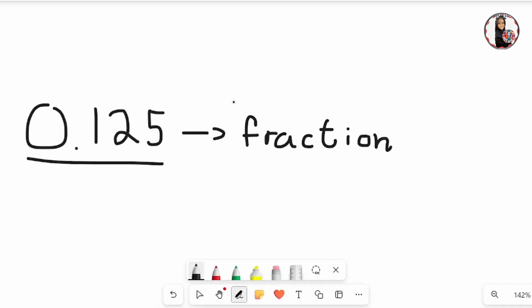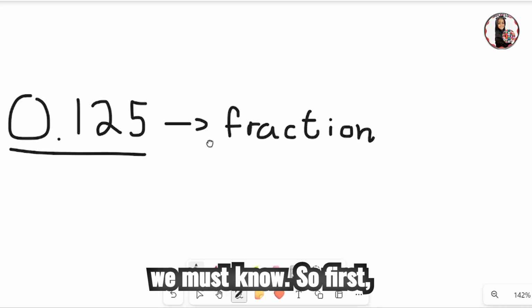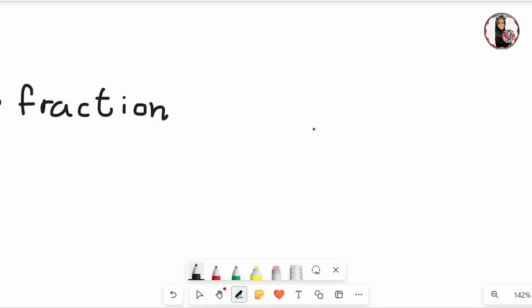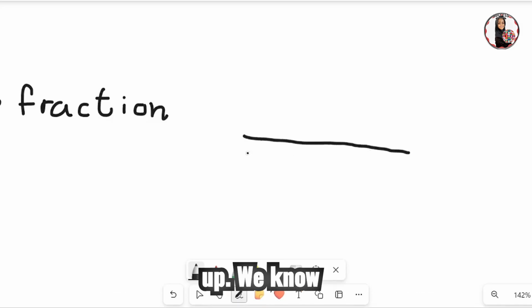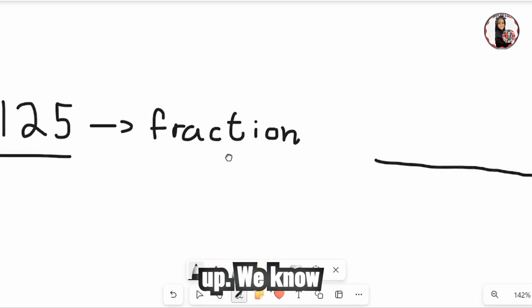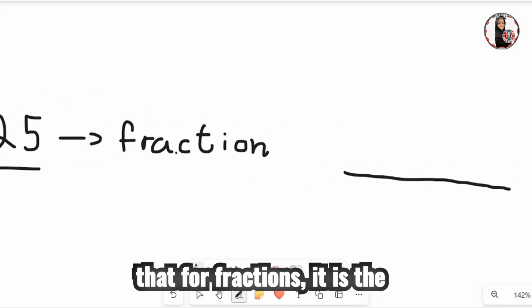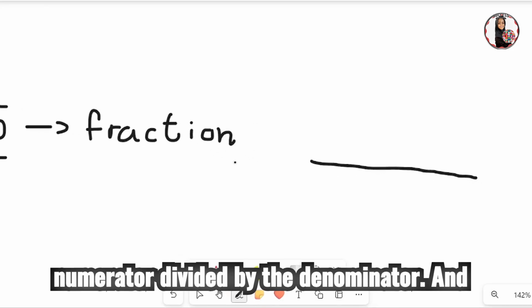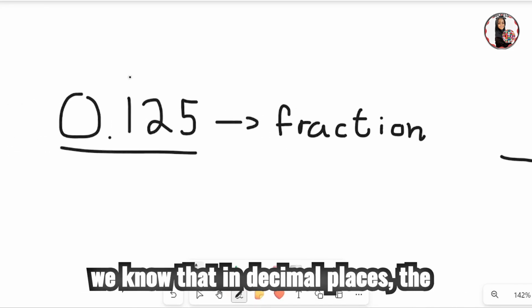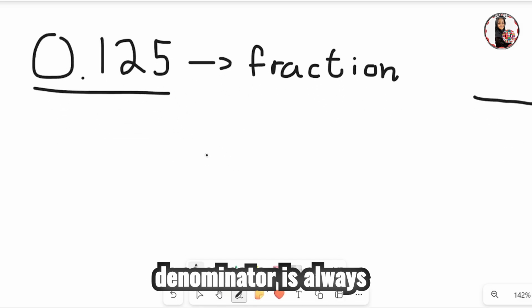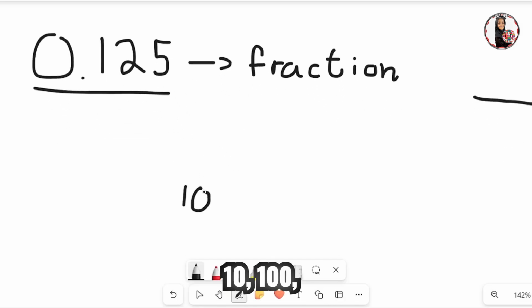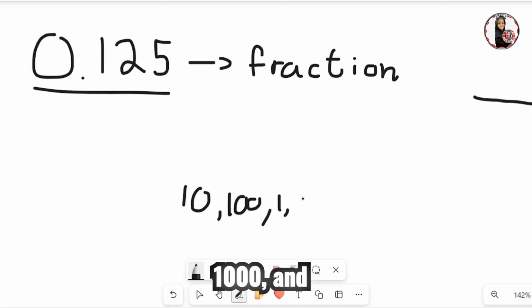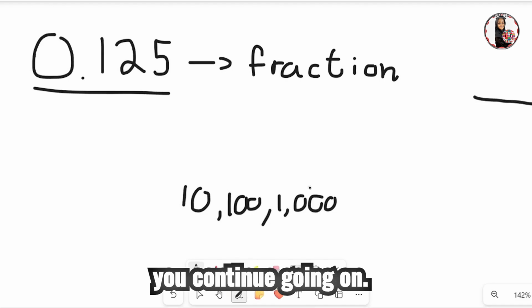So, first, let's have the fraction set up right here. We know that for fractions, it is the numerator divided by the denominator. And we know that in decimal places, the denominator is always 10, 100, 1,000, and you continue going on.